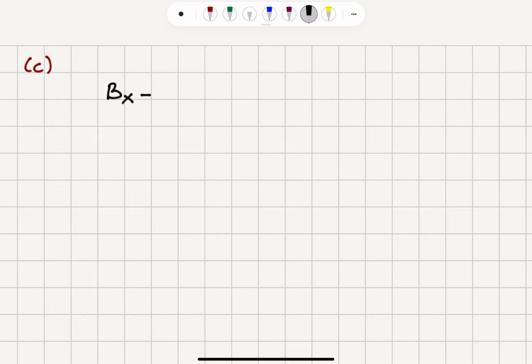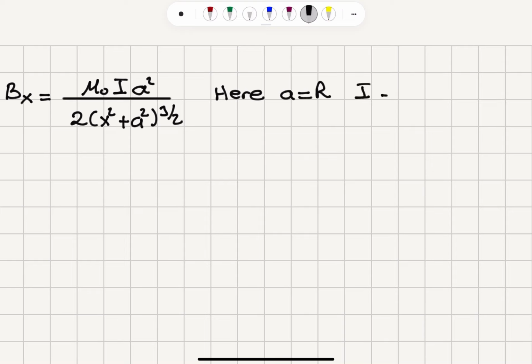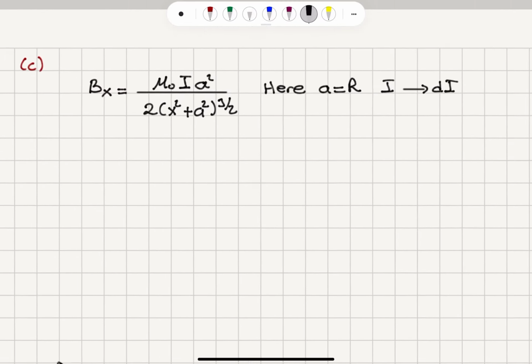The magnetic field due to a circular current loop is mu 0 I a squared, where a is the loop radius, over 2 (x squared plus a squared) to the power 3 over 2. Here, if I apply this to this problem, a is capital R, and the current is dI, the current carried by this strip.